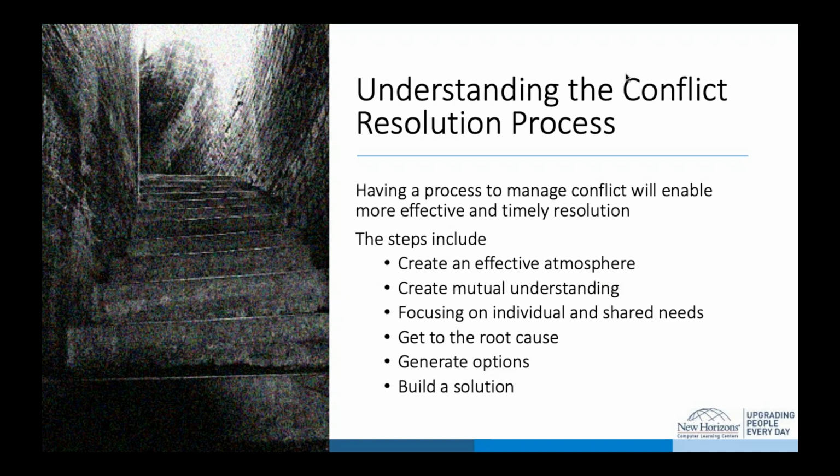What is generating this? What is the problem? And then start looking for solutions and looking for options. There's likely not going to be just one option that will come out of the conflict resolution process. There'll be multiple options. And from those options, and from creating a good atmosphere, mutual understanding and shared needs, you'll be able to build a solution.